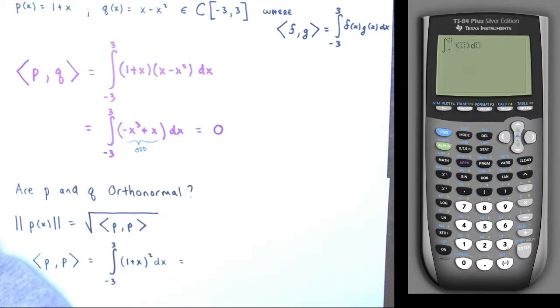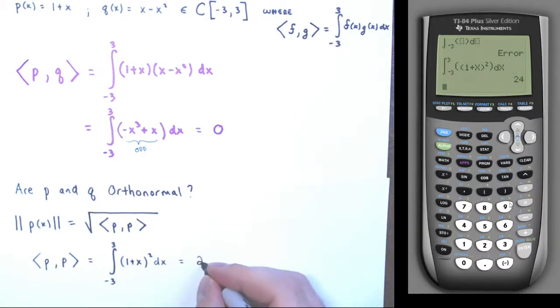Then I'm going from -3 to 3 of the quantity 1 plus x squared, and all of that with respect to x. So this is 24. Nothing too terrible. So the norm of p is definitely not 1.